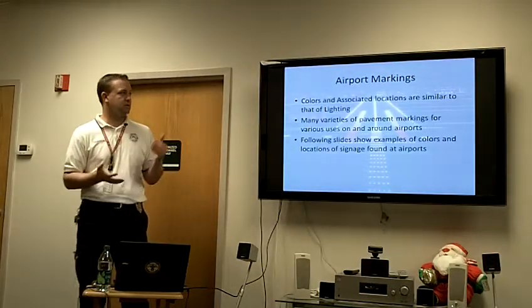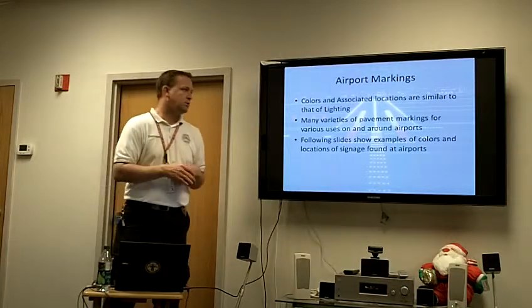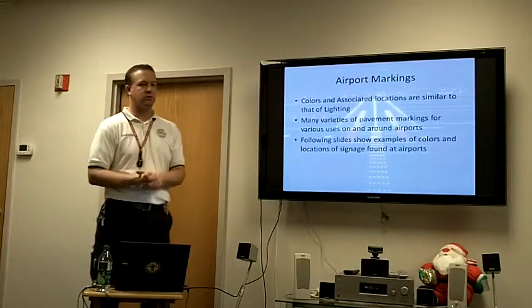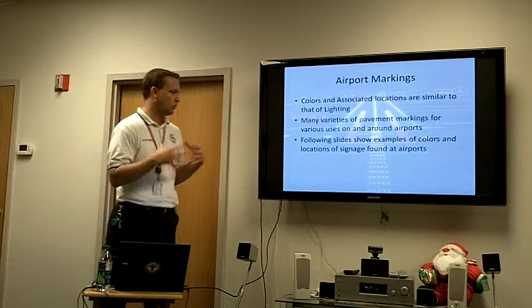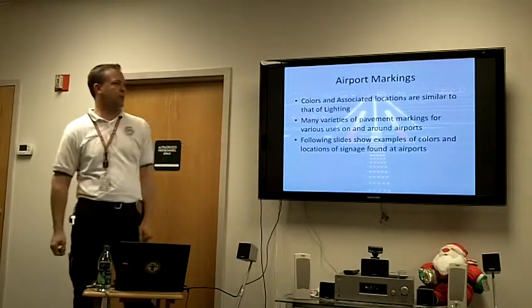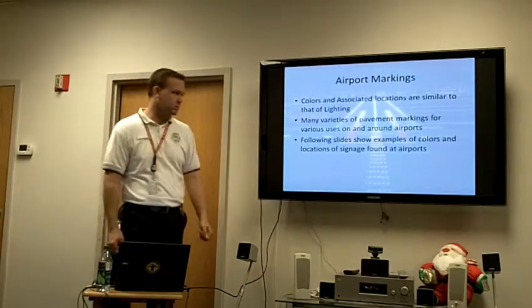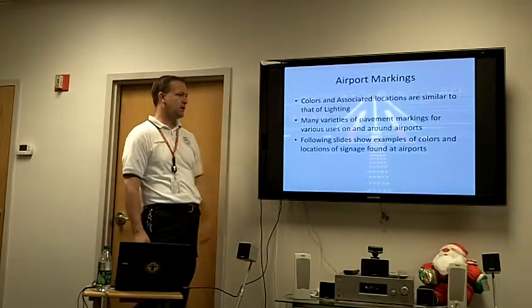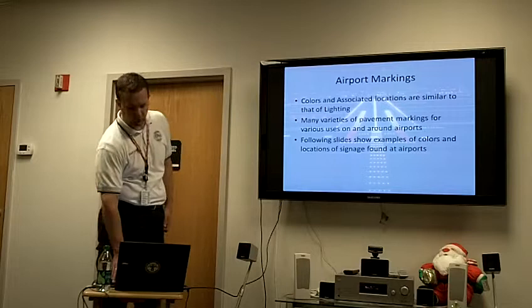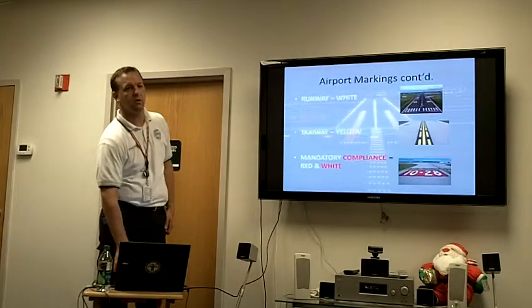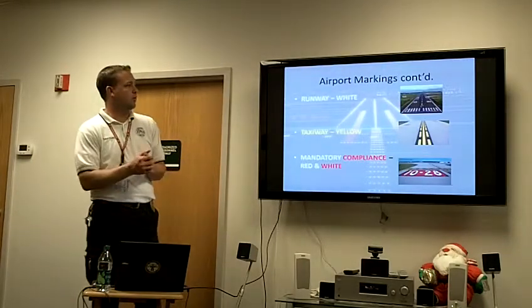Alright, next thing is airport markings. Colors and associated locations are similar to that of lighting. They correspond, they work together. Many varieties of pavement markings are in use on and around airports. And following slides show examples of colors and locations, and we'll go over those a little bit more. Alright, airport markings.